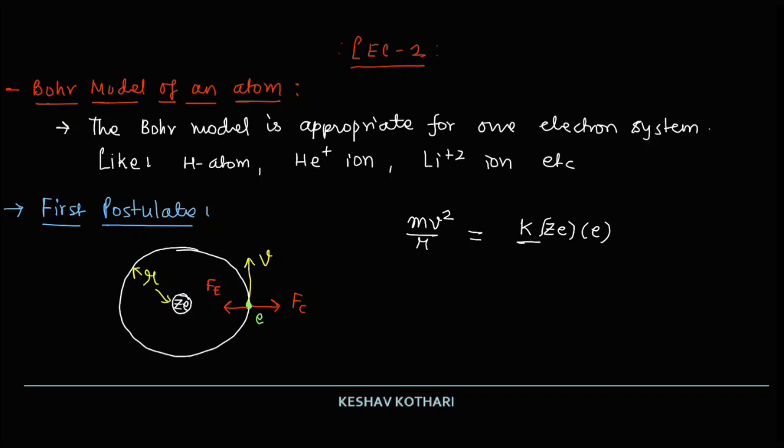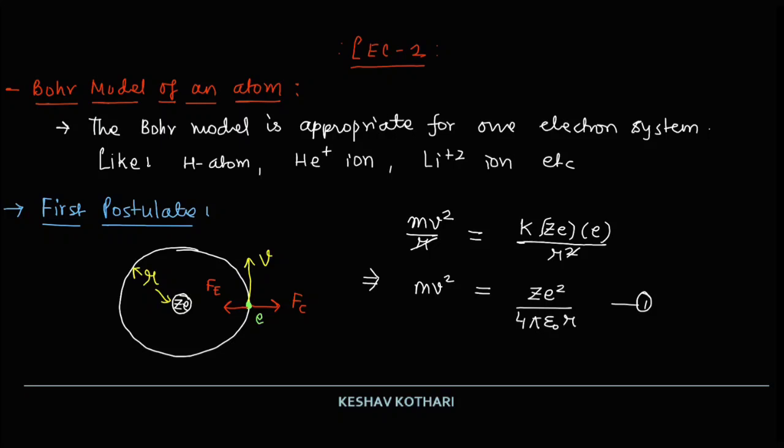If I rewrite this statement, then mv square is equal to Ze square upon 4 pi epsilon naught r. So this is a deduction from the first postulate of Bohr model, that is mv square is equal to 1 upon 4 pi epsilon naught Ze square upon r.